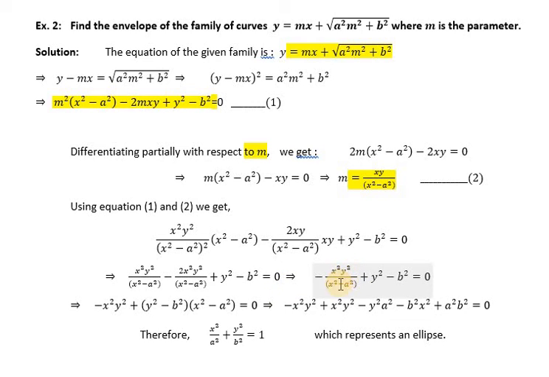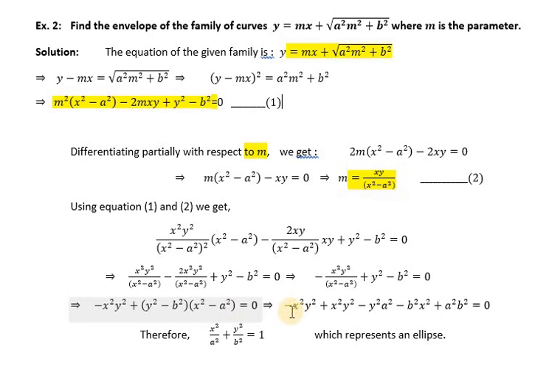Minus x square y square by x square minus a square and plus y square minus b square remains as it is. So further simplifying this by taking LCM and simplifying, we get minus x square y square plus y square minus b square into x square minus a square is equal to 0.